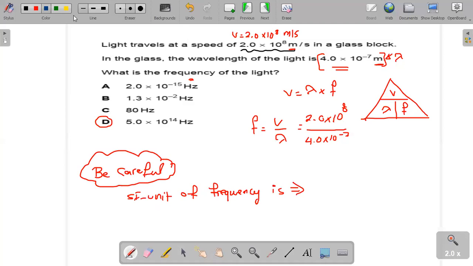Yes, it's hertz, and it's given the symbol Hz. The H, by the way, should be a capital letter. I know some books write it as a small letter, but that is a kind of ignorance. It should be a capital letter. The SI unit is the hertz.